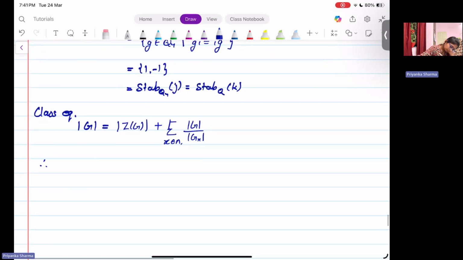So we will get this as 1 plus 1 plus 2 plus 2 plus 2.